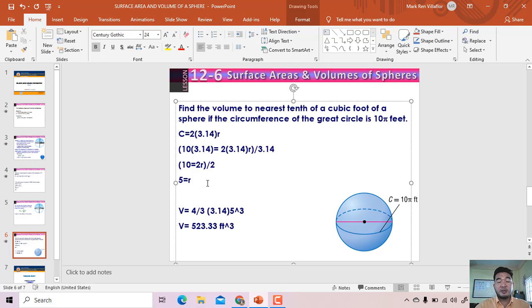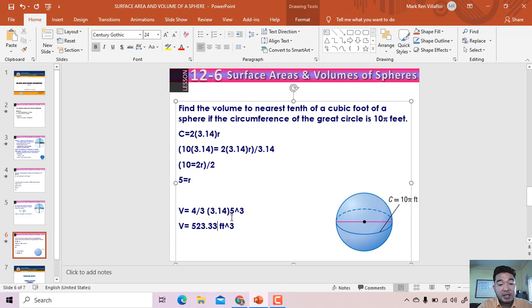There you go. The volume of our sphere with the circumference of the great circle of 10 pi feet is equal to 523.33 cubic feet.